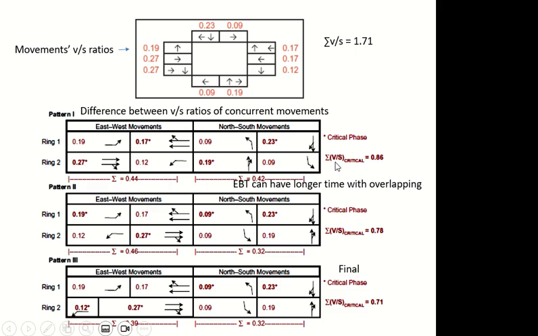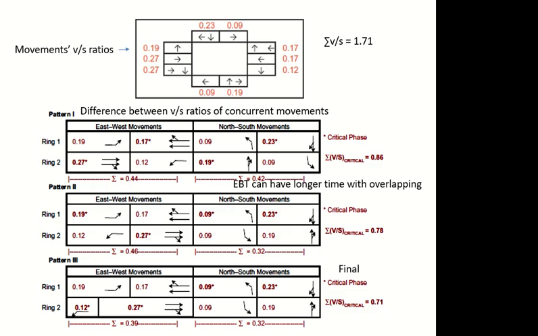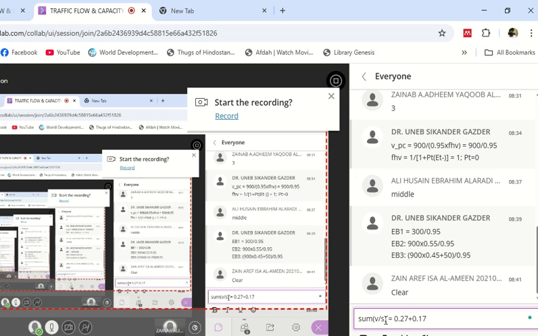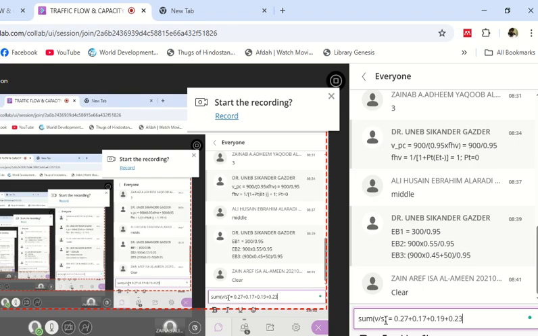So if I do the summation of V bias ratios from this thing, I get 0.27, 0.17, 0.19, 0.23.